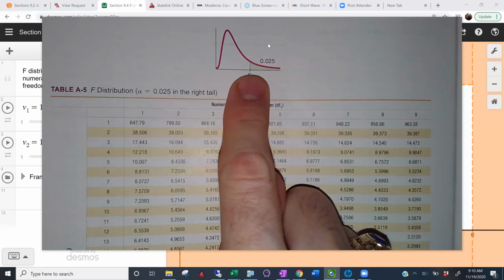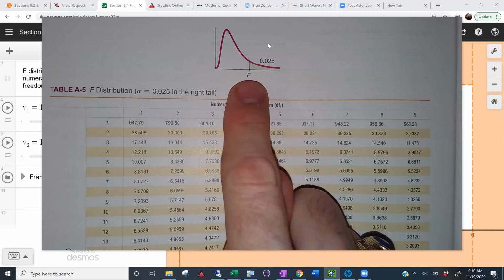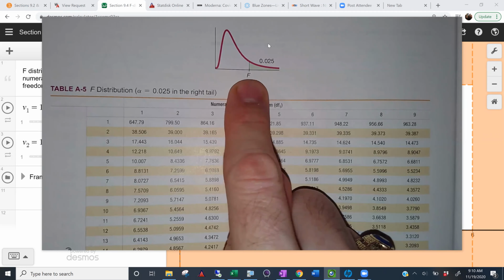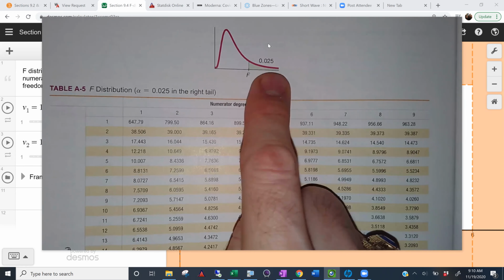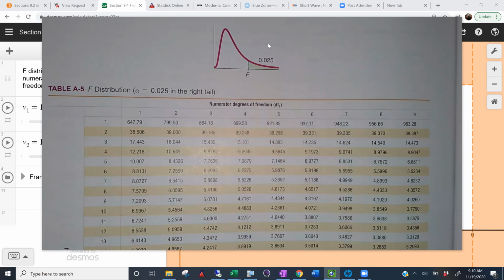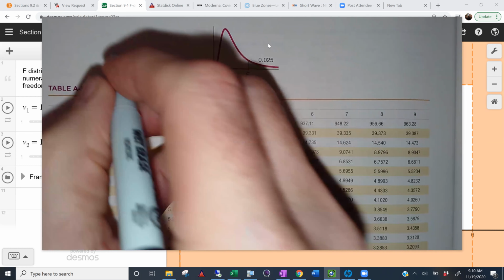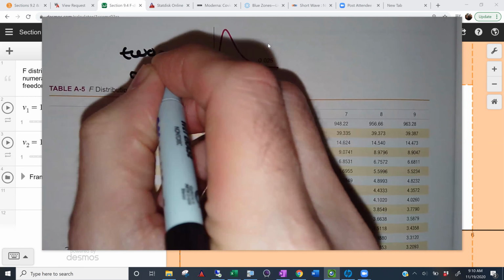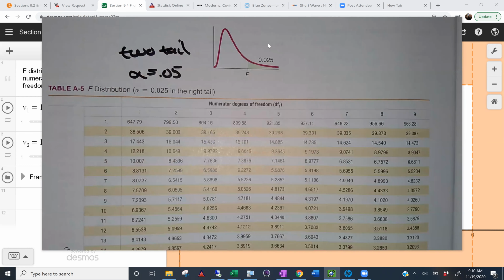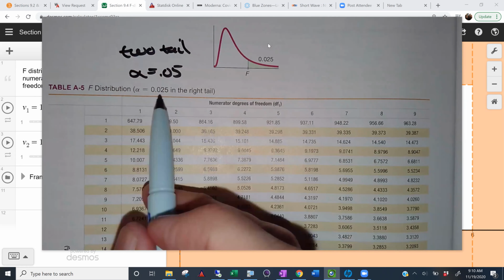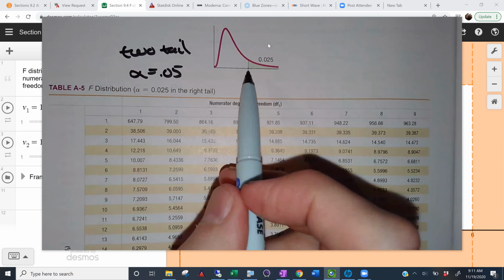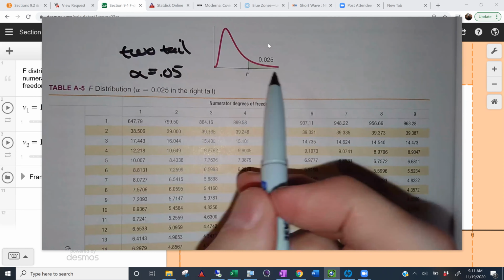So all of the area that they're calculating is for values of F that are in the right tail. You might notice that 0.025 is half of what we usually have. We usually have alpha is 0.05 in 2 tails. But if you halve that, then you're putting 0.025 in the right tail and 0.025 in the left tail.